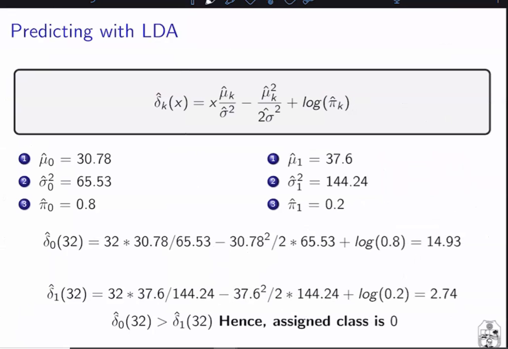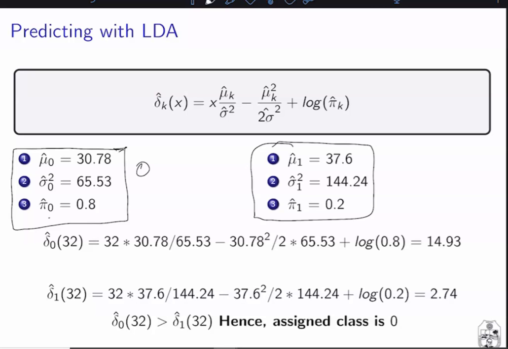Once you have these different values, mu, sigma square, and pi, they need to be calculated for both classes, class 0 and class 1. So this is for class 0, and these are the values for class 1.